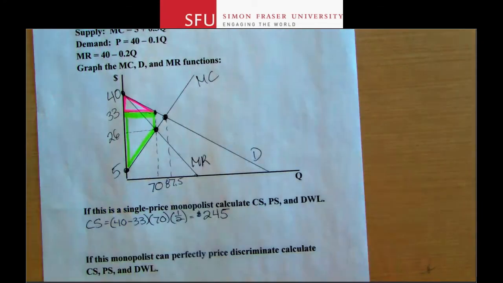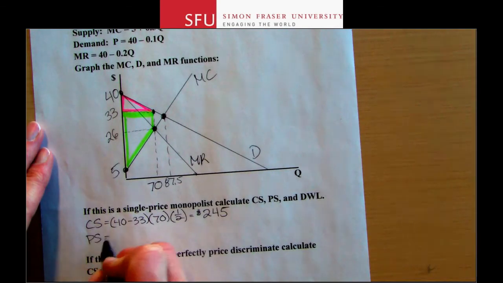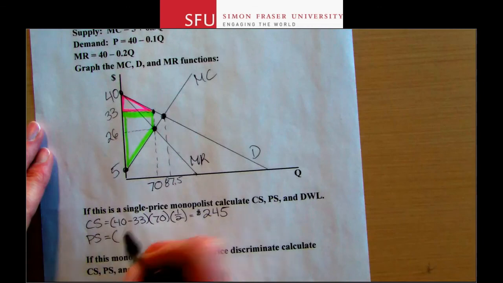I think it's 26. Good. Okay. Okay, so now we can calculate that producer surplus. So I'm just going to use the formula for a trapezoid.